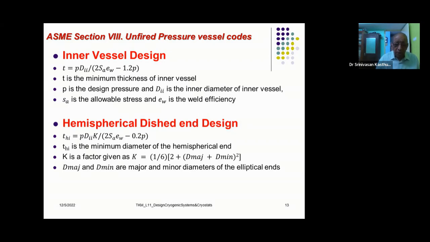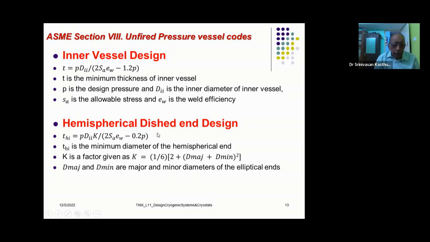Now, this hemispherical dished end wall thickness also has to be calculated, and it is done using the following formula. t_hi is equal to P times D_ii times K divided by (2 S_a E_w minus 0.2 P).